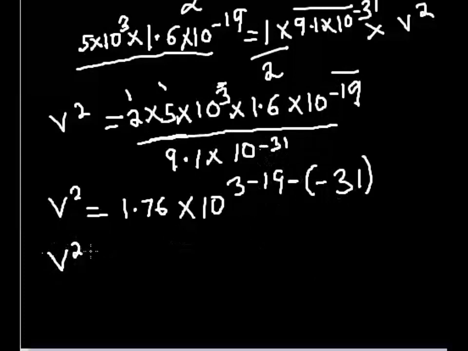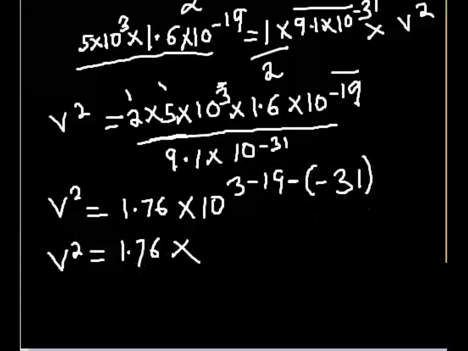So this is going to be v square equal to 1.76. So let's subtract all that. Of course, minus times minus is plus. So what I'm having here now is going to be 3 minus 19, then plus 31.